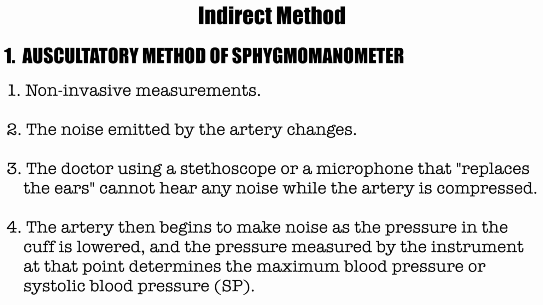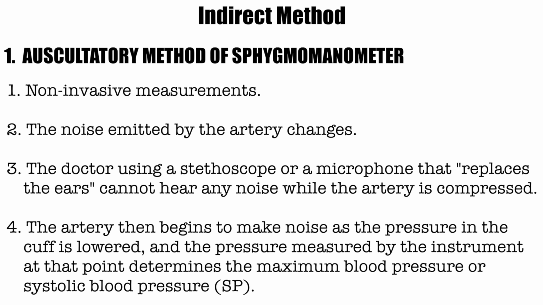The first method is the auscultatory method of the sphygmomanometer. As this is an indirect method, the measurement is non-invasive. This method makes use of the fact that the noise emitted by the artery changes. The blood pressure is measured by the use of a cuff over the limb containing the artery. Initially, the pressure in the cuff is raised to a level well above the systolic pressure so that the flow of blood is completely terminated.